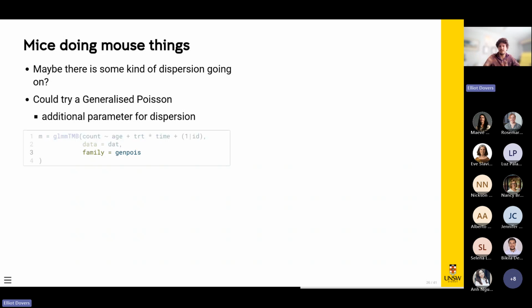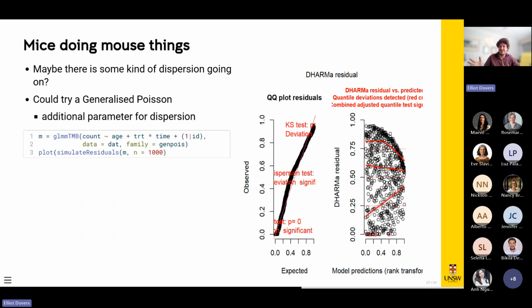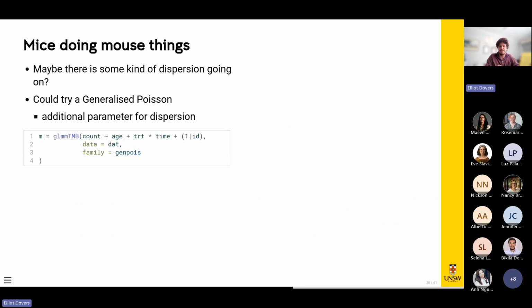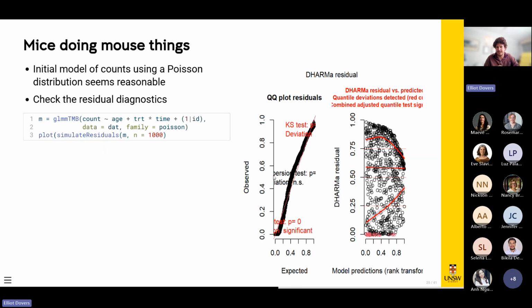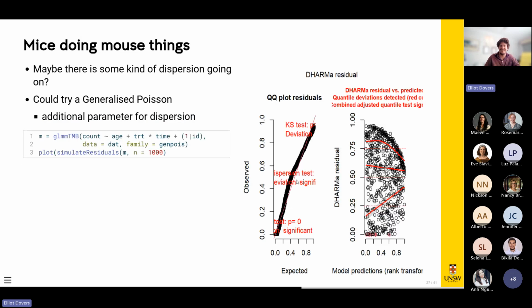We specify that with just genpois in glmmTMB. We can check the residuals again. It turns out it did nothing. And in fact, I think if I look back, maybe I could have noticed this. You can't see this really in this plot, but the dispersion test was red. When I try and estimate dispersion, it comes up red as well. So that's not going to solve our problem here.